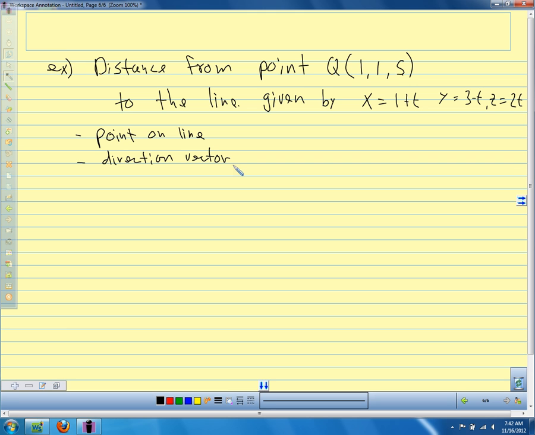For the equation, just substitute a value of t for a parameter into our equation. Let t equal 0.